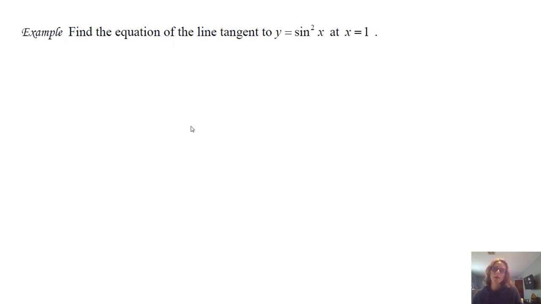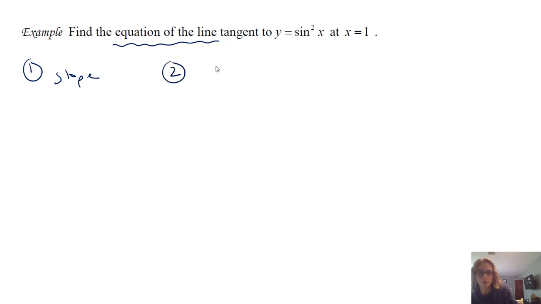All right, and now we've got another equation of the line, so we never stop doing those. It's just a reminder that whether you need the chain rule or the product rule or the quotient rule or any of the rules, you do them the same way for the equation of the line that's tangent to a function. So slope and point, two things we need. So I'll think about the point first. We have x equals 1, and then basically we're just doing sine of 1 squared.